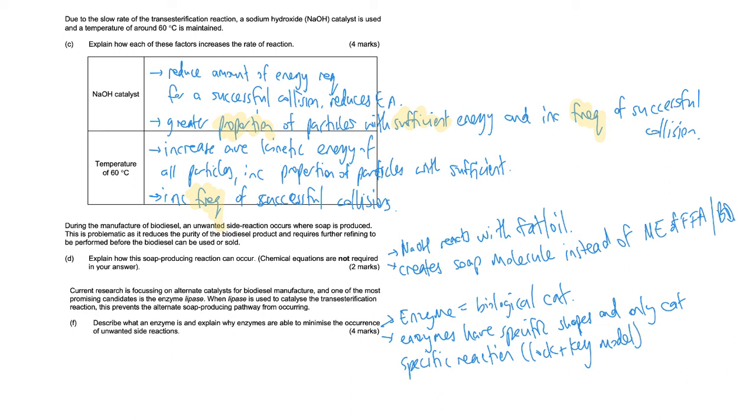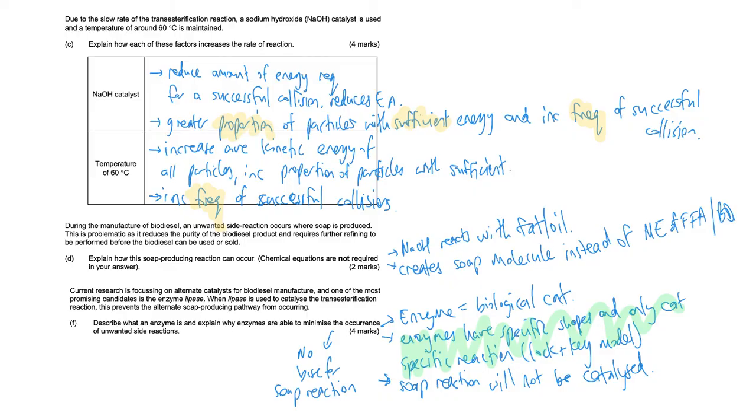Okay, so about their shapes, and they can only catalyze specific reactions, and so therefore the soap reaction will not be catalyzed. And plus, when you're using a lipase, there's no sodium hydroxide, no base for the soap reaction. Okay, but it's really more about the lock and key, the enzyme shape, this part here. Okay, all right, next.